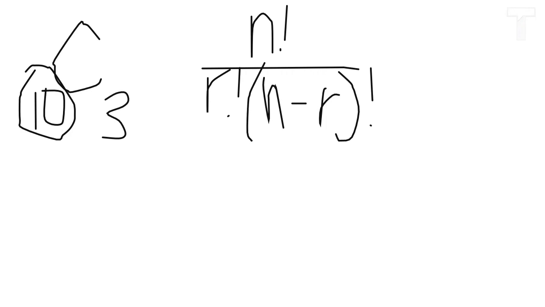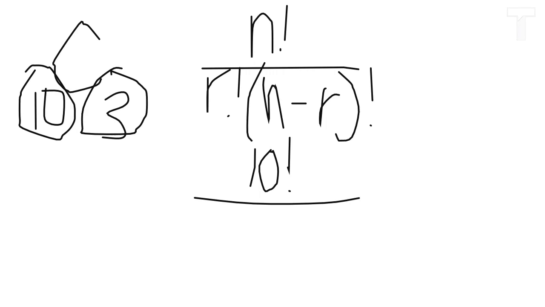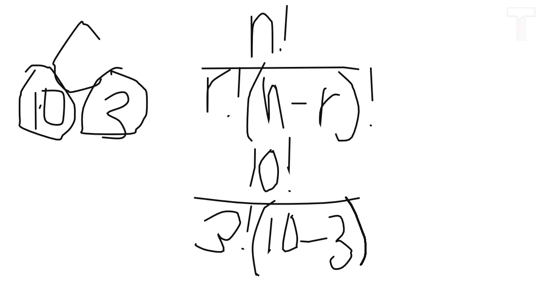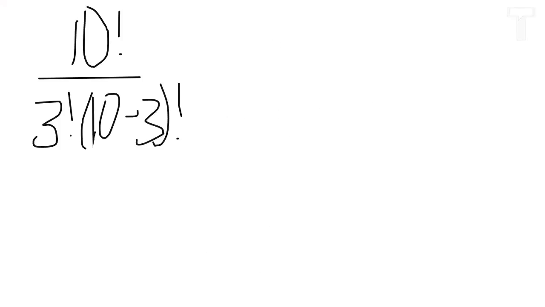So it would be 10 with a factorial over R with an exclamation point. In parentheses is 10, which is our N, minus R, which is 3, and an exclamation point. Now you just write out each one as each number with a factorial.